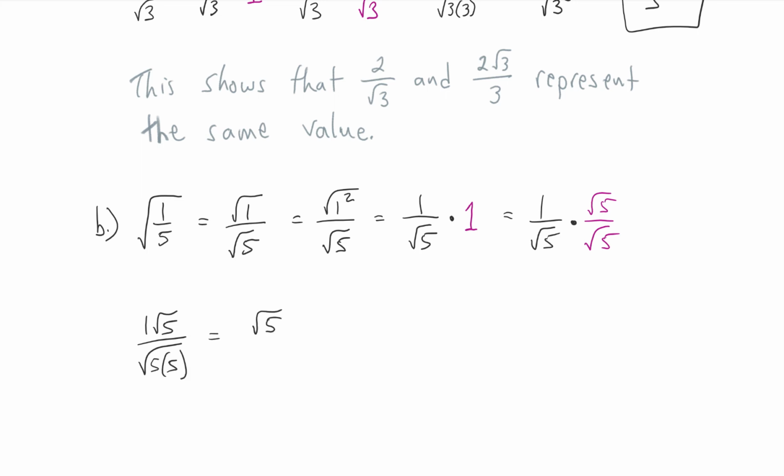We get principal square root of 5 over principal square root of 5 squared. The top's not going to simplify because 5 is prime, but the square root of 5 squared is just 5. 5 squared is 25, and the principal square root of 25 is 5. So we end up with this version of our number that is simplified.